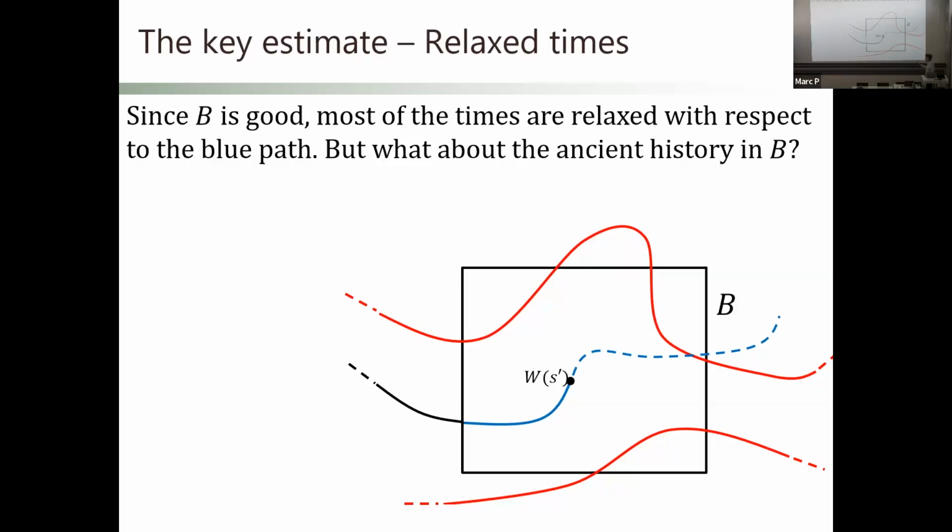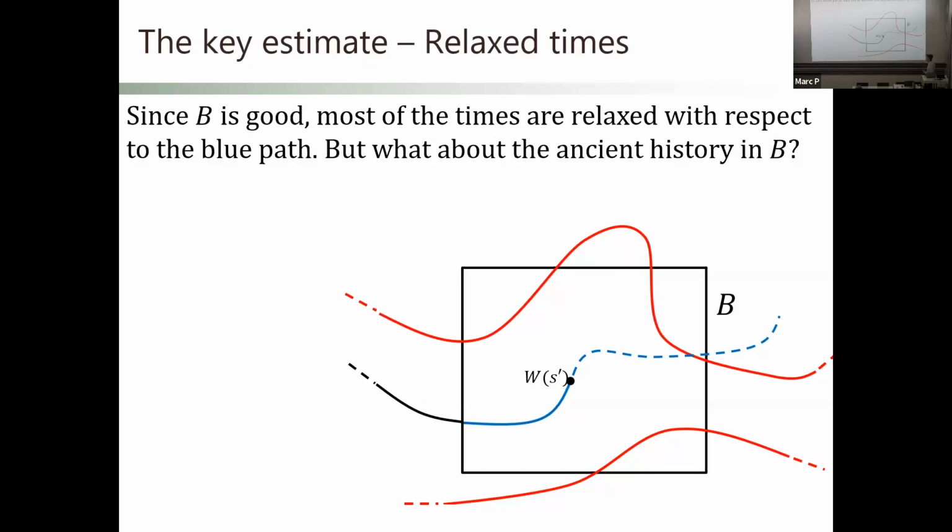And then we have to worry about the ones from the more distant past. What we can show is that on the scale of boxes that you have to look at, you can find some points in time along this path such that none of these ancient ones intersect that.